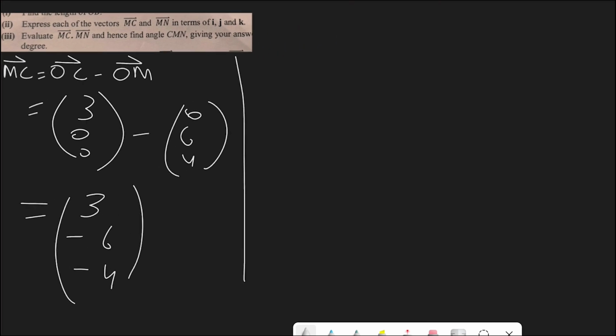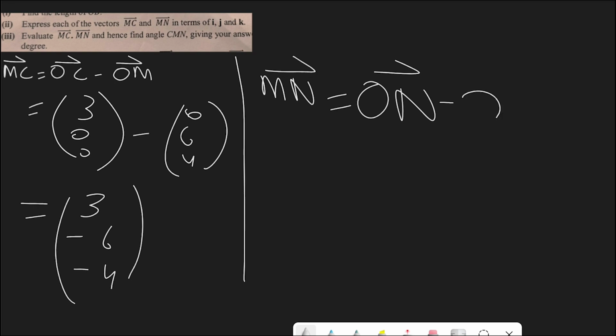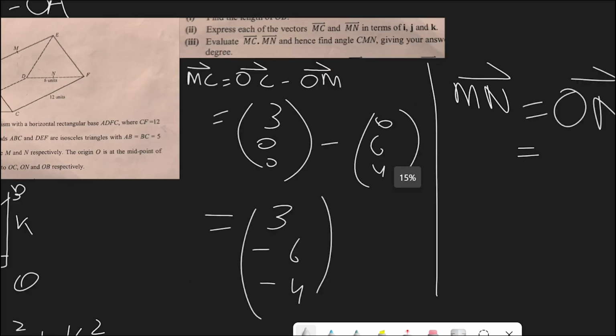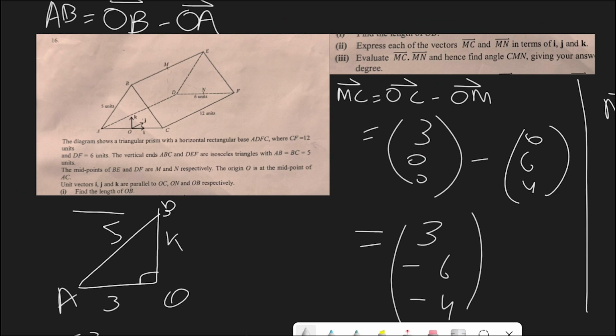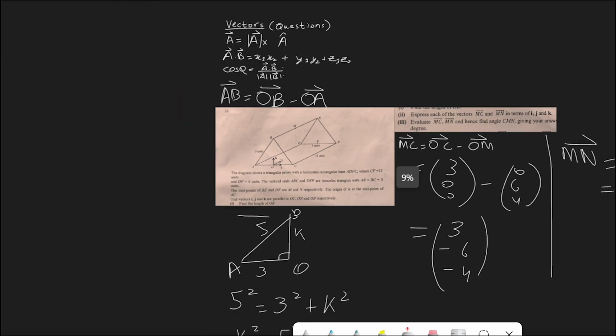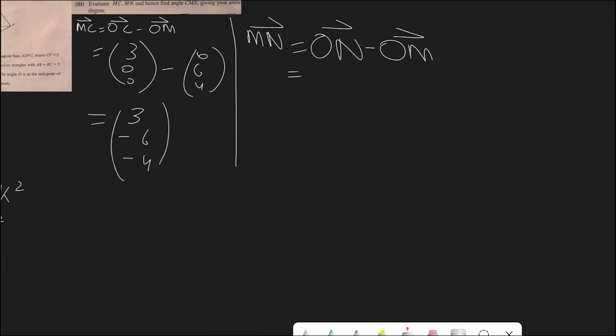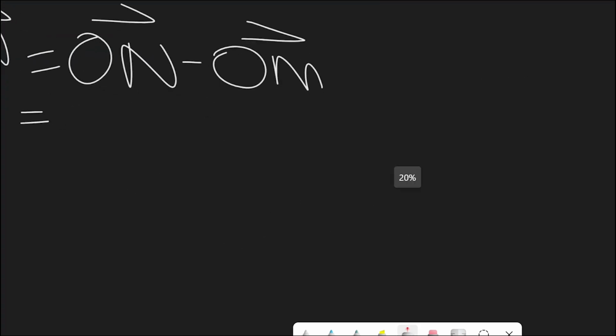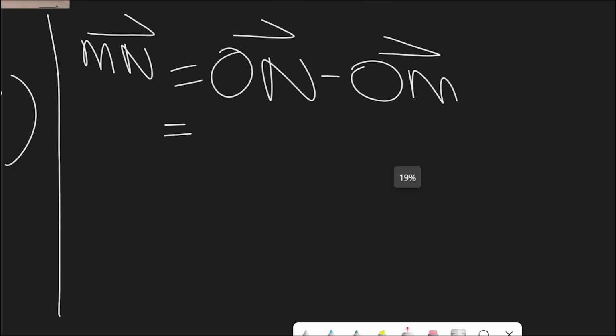Now for MN, it would be the same thing. First we represent it as ON minus OM. For ON, we can see over here that this is in the direction of j. This is 12 units in the direction of j, and nothing else. This is simple common sense, with no formula required.